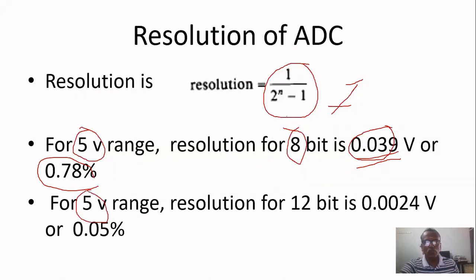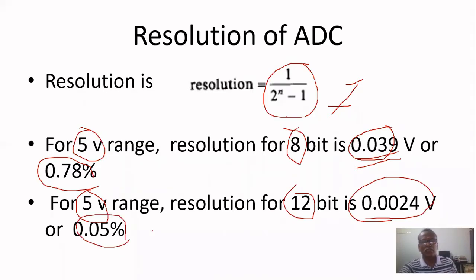For the same 5 volt range, if it is 12 bit, then it can sense a much smaller voltage, that is 0.0024 volts or 0.05%. So as the number of bits increases, the resolution increases. That we have seen yesterday.